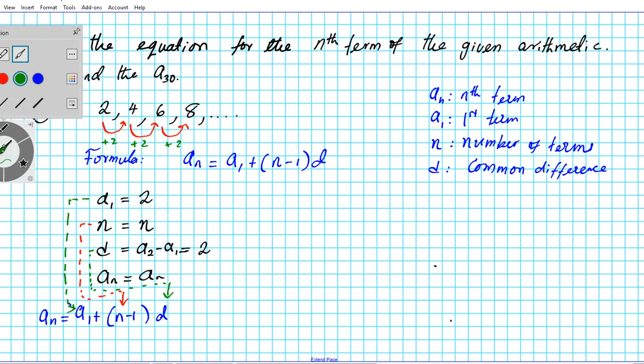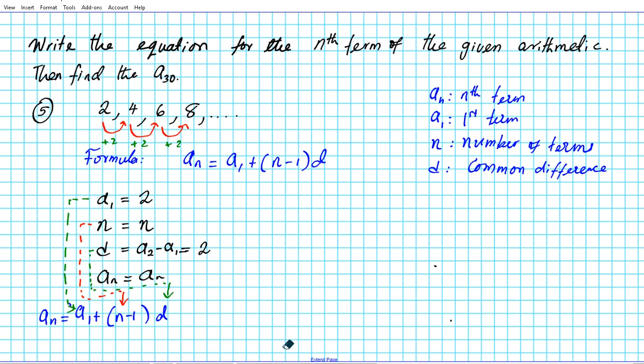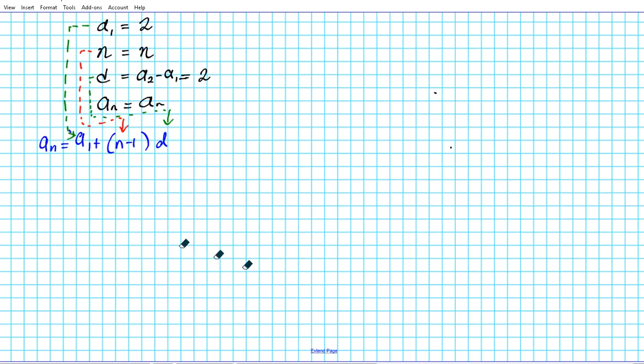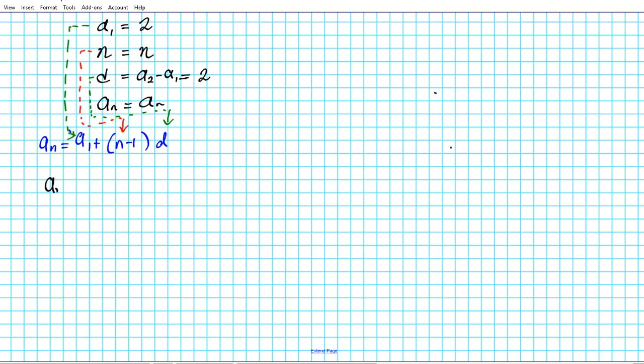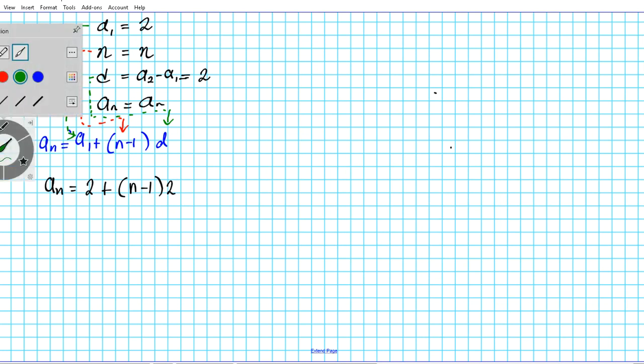When we carry out the substitution, we're going to end up with the formula: an equals a1, which is 2, the first term, plus quantity n minus 1 times the common difference of 2. Now we're going to have to simplify this completely. So we're going to distribute this 2 to n and negative 1.